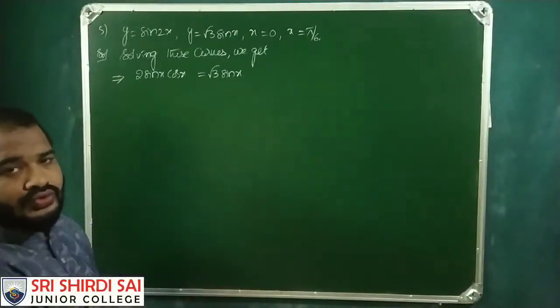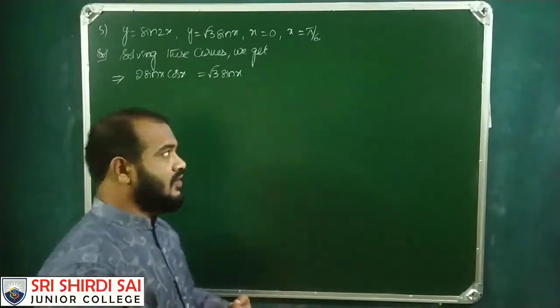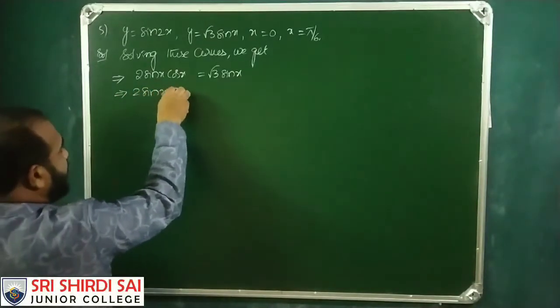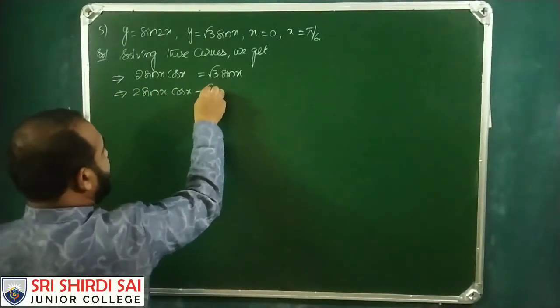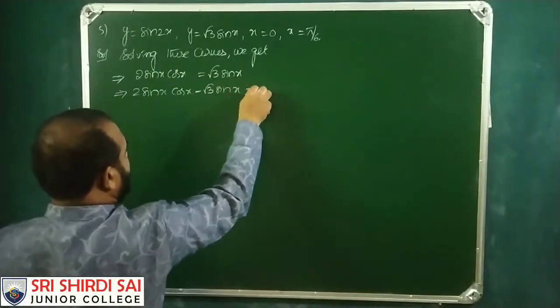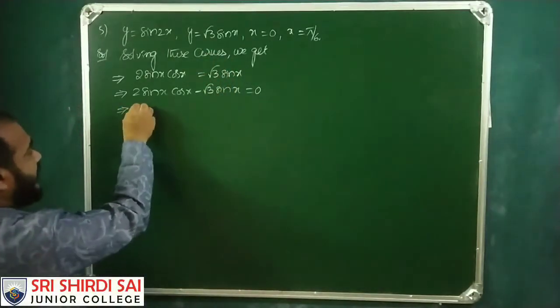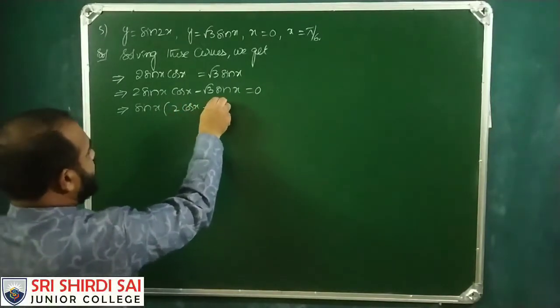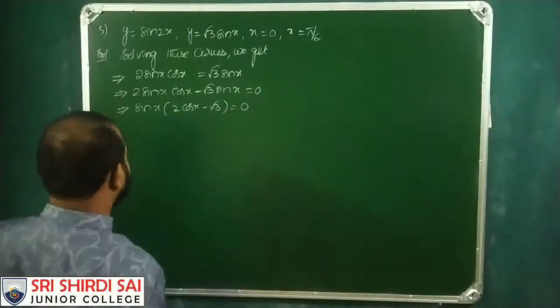If you do so, then one value will be missing. So 2 sine x cos x minus root 3 sine x equals 0. Take sine x common, then 2 cos x minus root 3 equals 0.